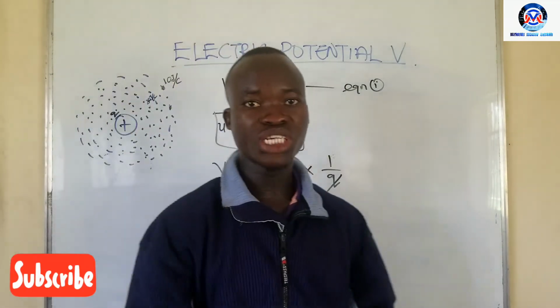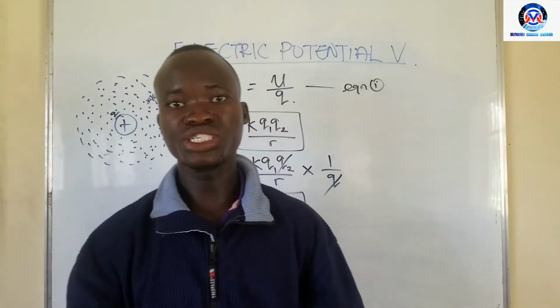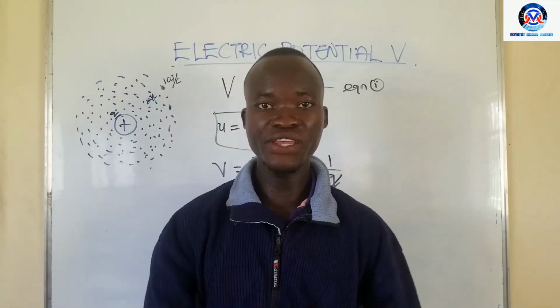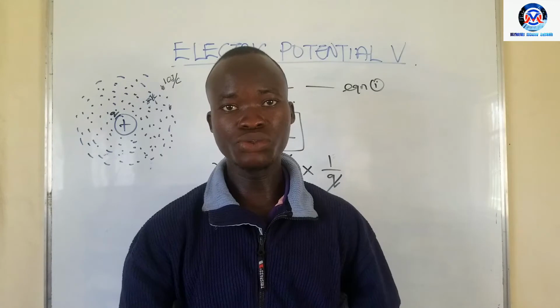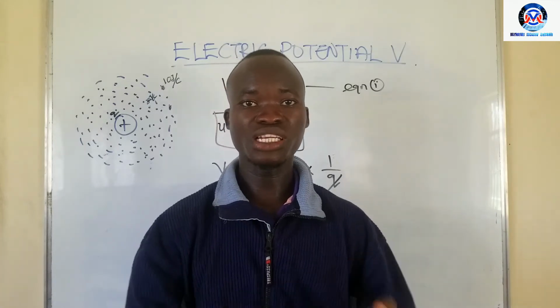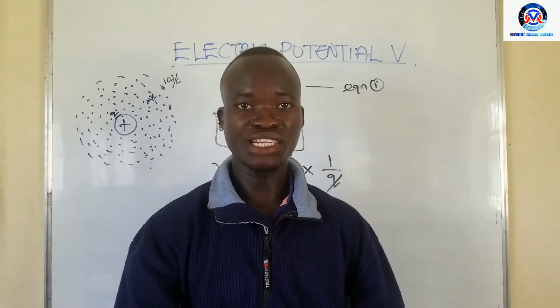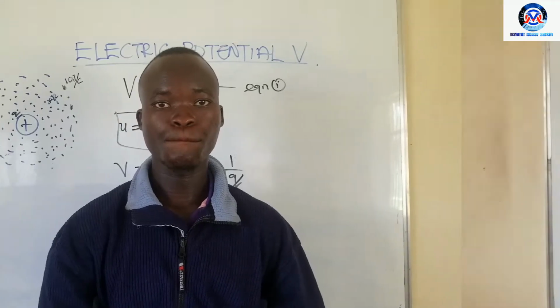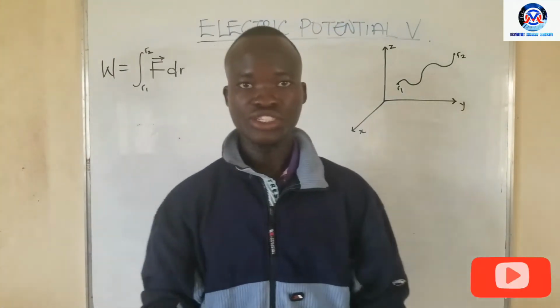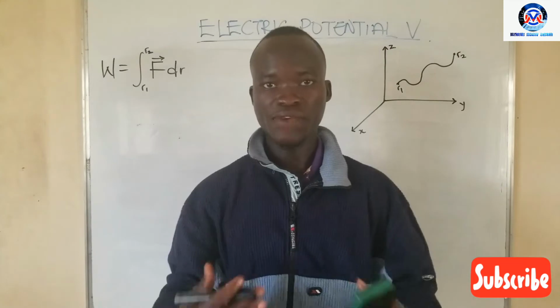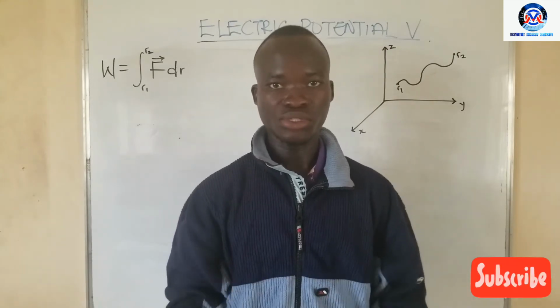So now we shall look into the relationship between electric potential V and electric field. There's a relationship between electric potential V and the electric field E. Now, we want to show the relationship between the electric field vector and the electric potential.